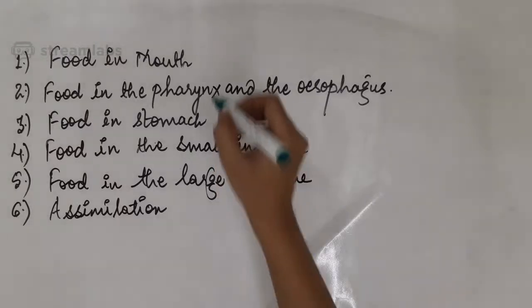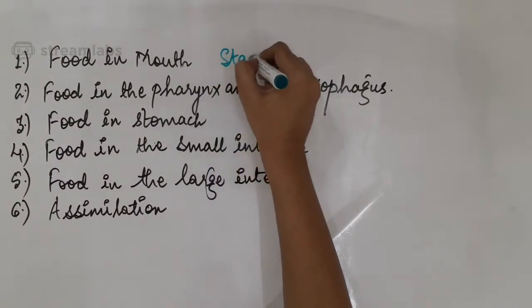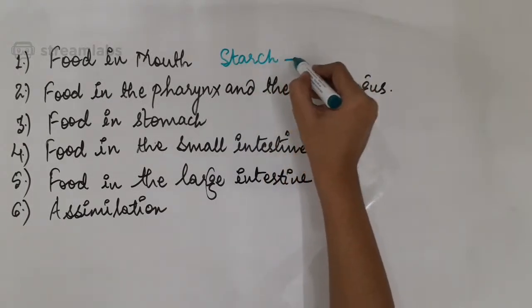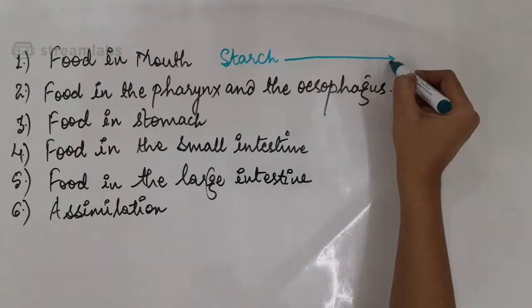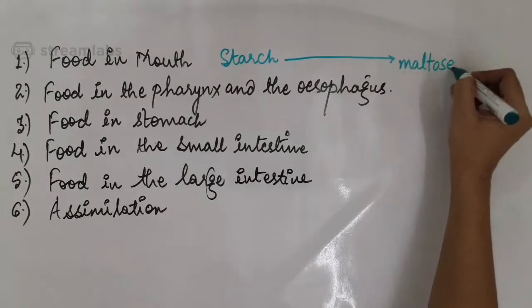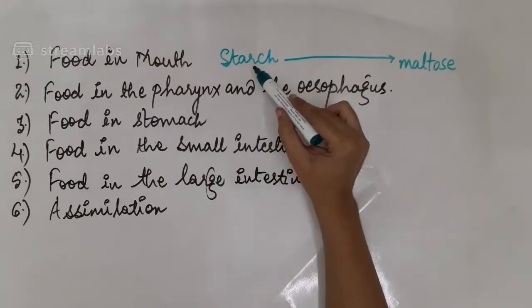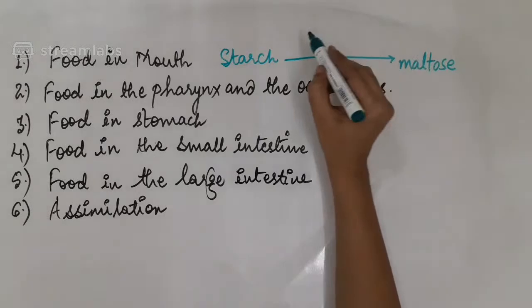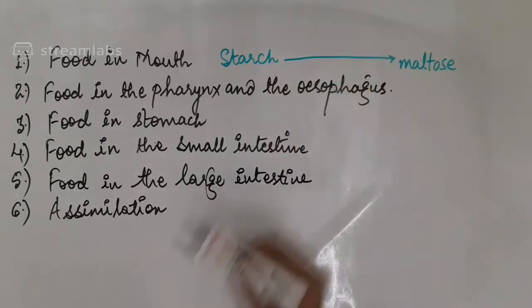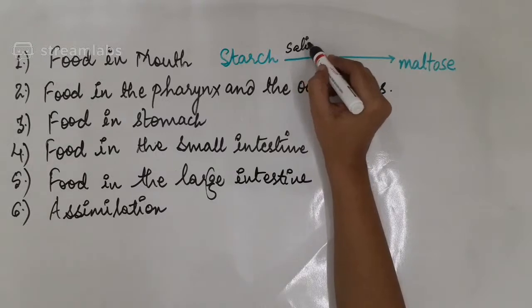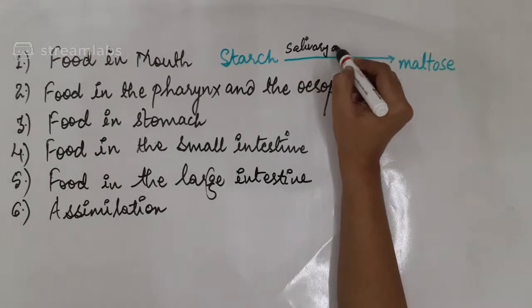In the mouth, the digestion of starch occurs. The starch gets formed into smaller unit called maltose. It's the complex sugar and it's the simple form of sugar by the help of the enzyme called salivary amylase.